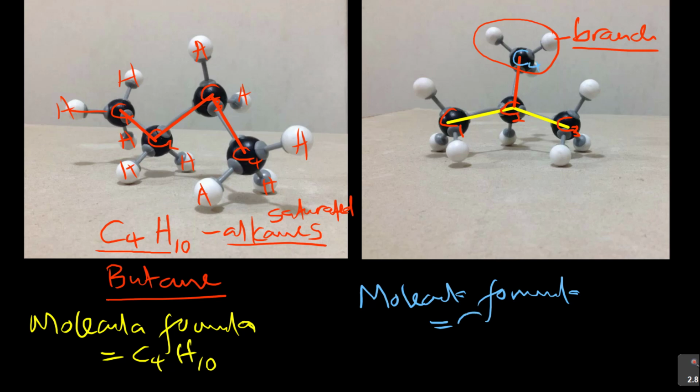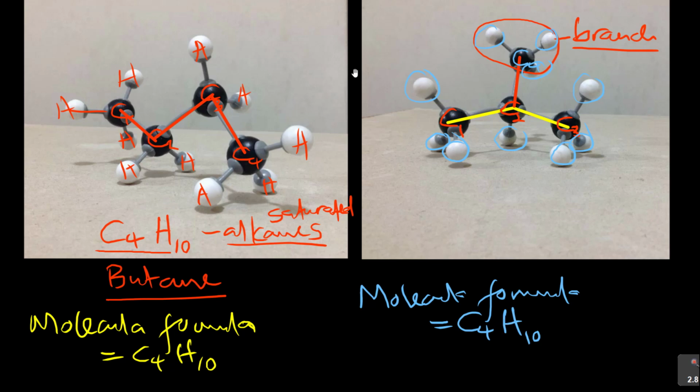So it's C4, and then hydrogens, it's 1, 2, 3, 4, 5, 6, 7, 8, 9, 10. There are also 10 hydrogens. Now look at this compound. The molecular formula is the same. The first one is C4H10, the second one is C4H10. So the molecular formula is the same.